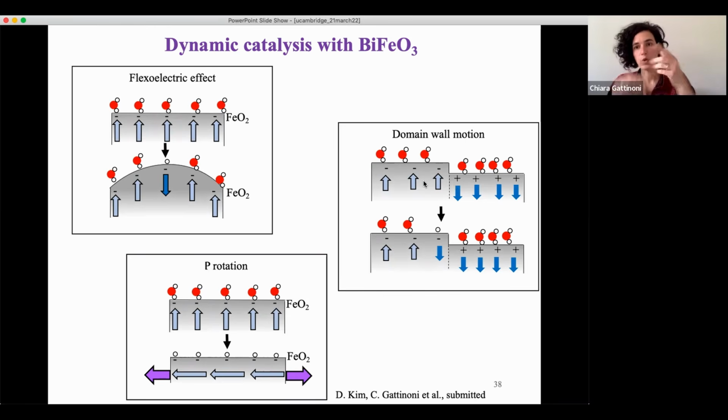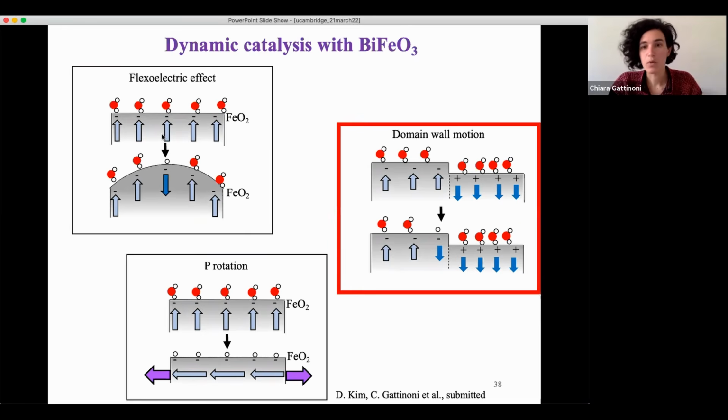Between two domains, it's found in the literature that strain can induce the motion of the wall by one or more than one unit cell. So that would create, again, local active sites that could be going back and forth. Probably this is more likely. It's also likely that these might happen at the same time.